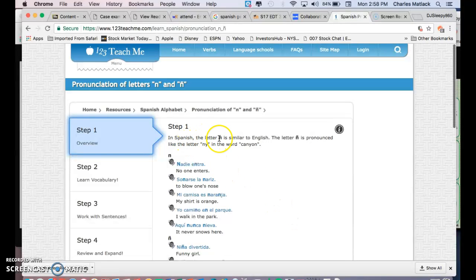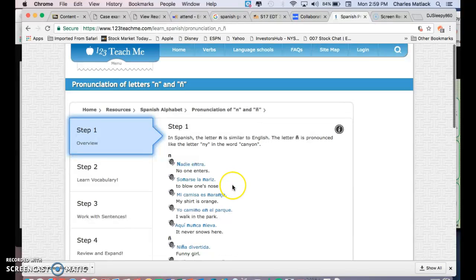Now let's move on to N and the letter ñ. N is similar to English, whereas the letter ñ is pronounced like the letters NY in the word cañón. So it's a ñ sound. Nadie, normal N, so our one N we have no accent. We have nadie entra.